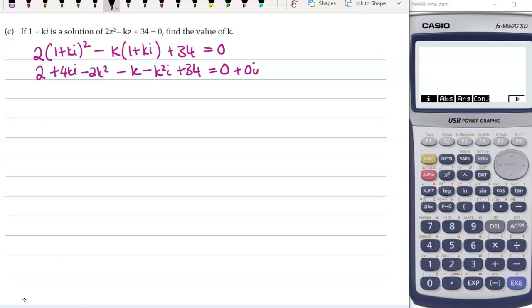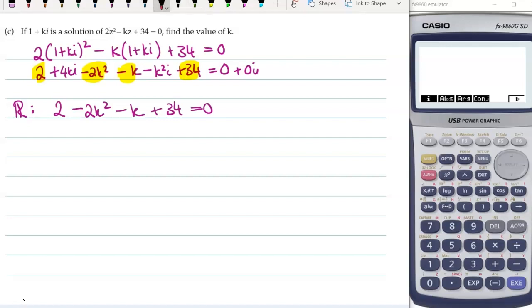So we can compare the real and imaginary parts there. Let's go with the real. That's probably the most ordinary way to think about this. So 2 minus 2k squared minus k plus 34 equals 0. So that's just picking out all of the real parts of this, like so.